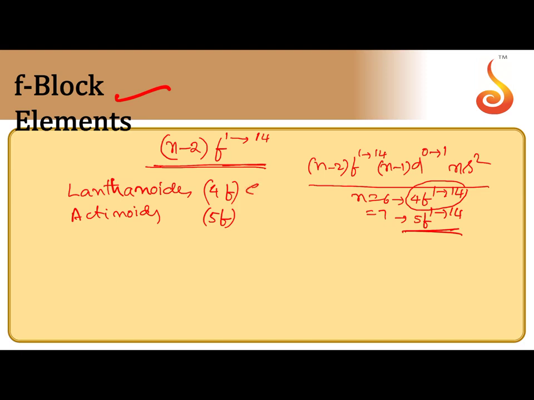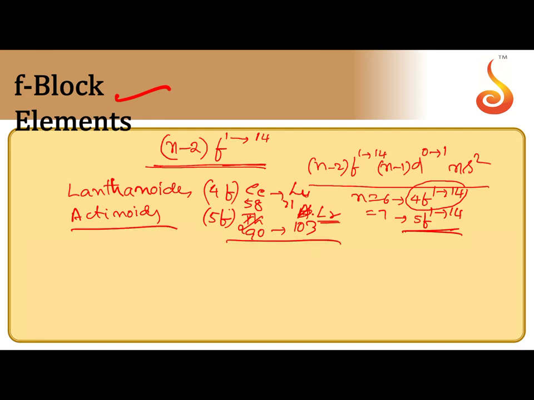Lanthanoids start from cerium, 58, and end with lutetium, 71. Actinoids start from thorium and go up to lawrencium, 103.